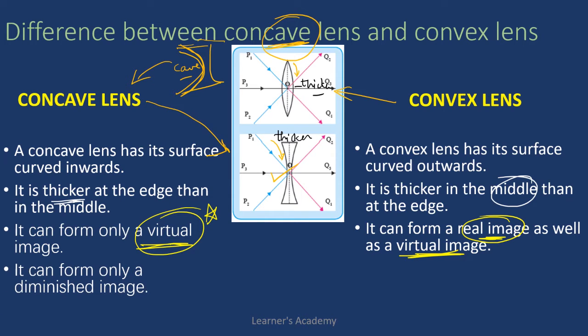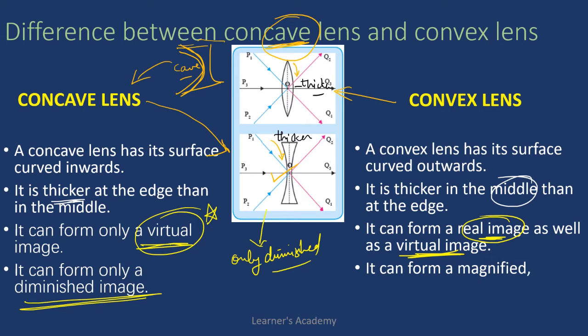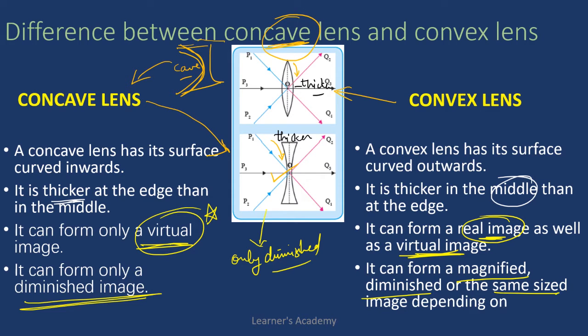Now the last point is that it can form only diminished image. That means in case of a concave lens, only diminished image will be formed. Whereas in case of a convex lens, we can have not only diminished, we can have magnified, diminished or the same sized image depending on the position of the object.